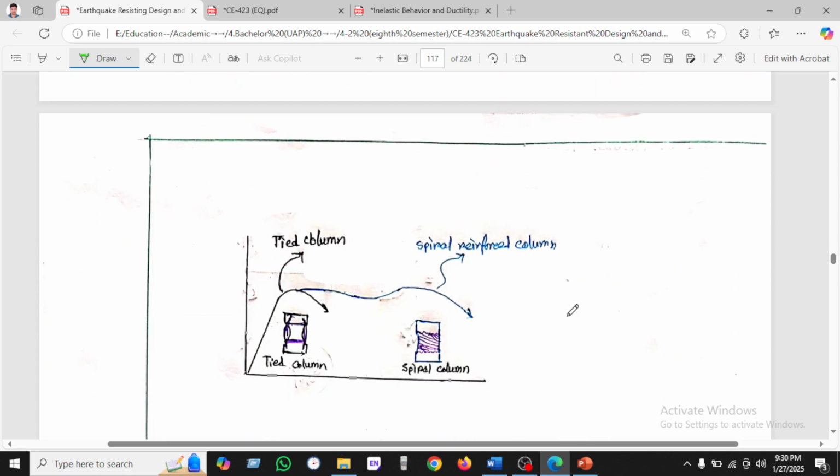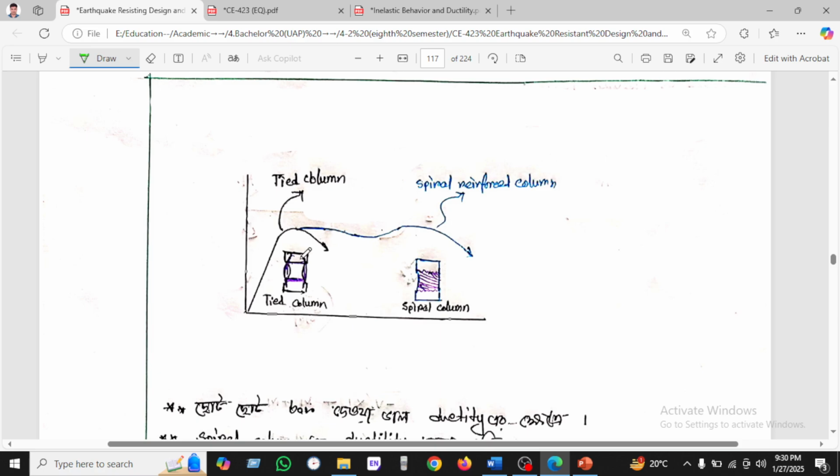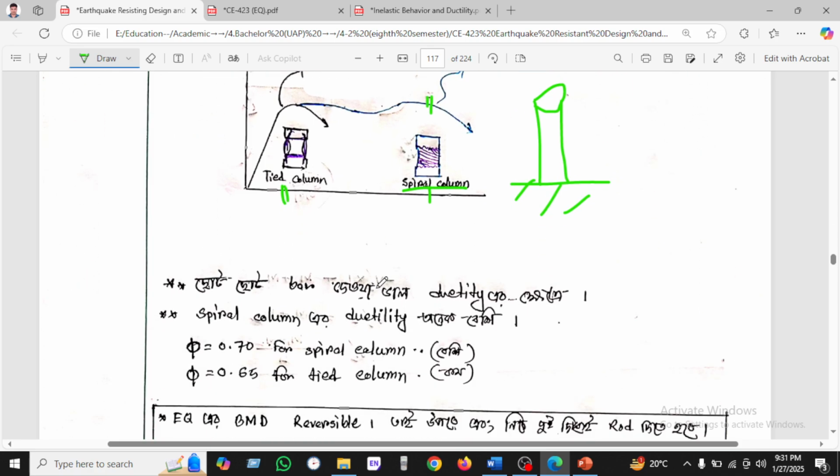0.077. And we can see here when the column is a tie column, then the displacement is much lower. If we use the spiral column for ductility, we can see the ductility has increased. So when we design or construct a column, we use the column as a spiral column for getting more ductility.